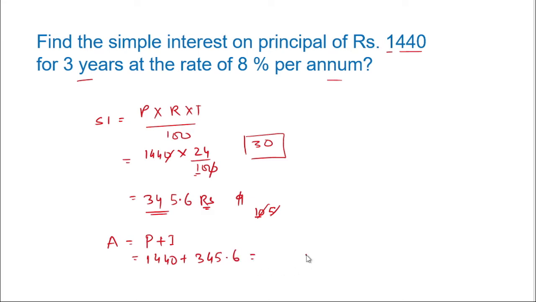Now 0.6, 5, 4 and 4, 8, 4 and 3, 7, 1, that is in rupees. So friends, from here we can directly take out the value of the amount without taking out the value of simple interest.